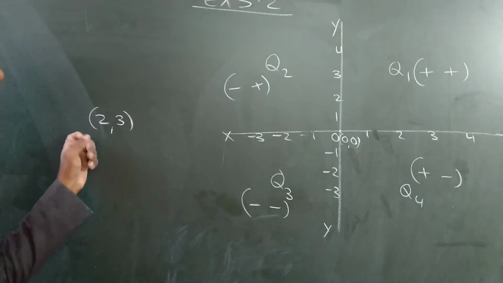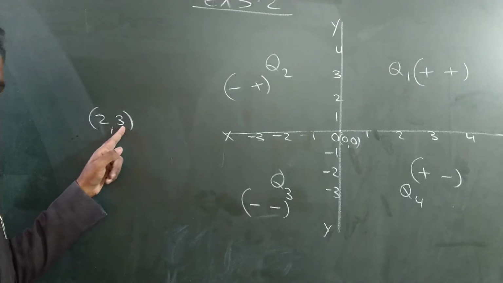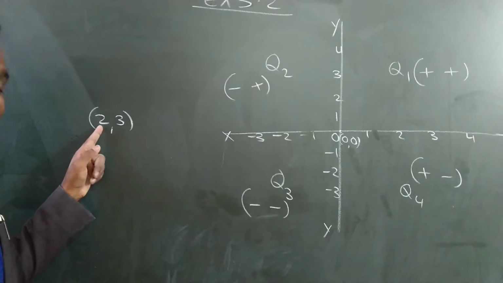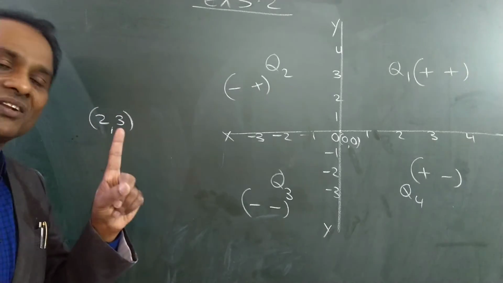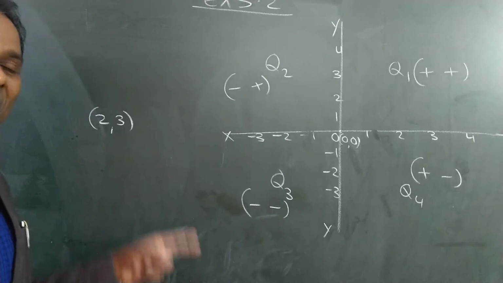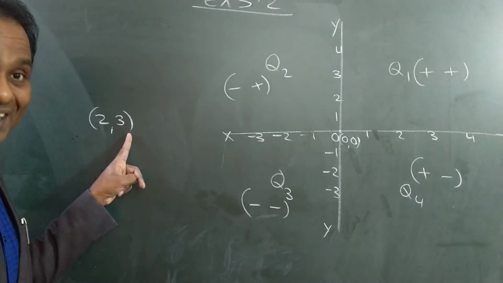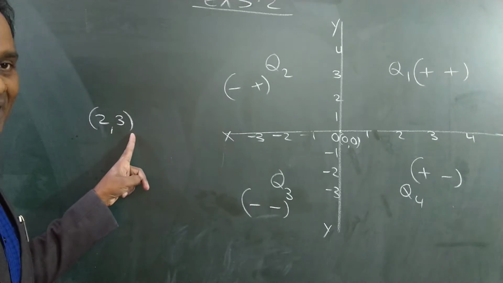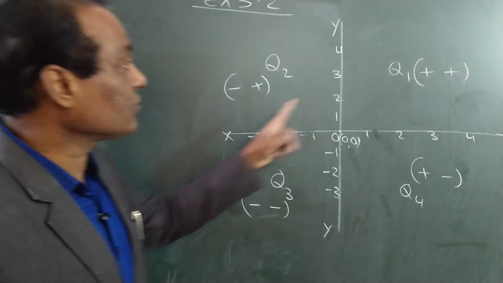This point lies in which quadrant? 2 is the x value, 3 is the y value. It is also called abscissa and ordinate. We can call it x coordinate, y coordinate, or first coordinate, second coordinate. We also call it abscissa and ordinate. So both are positive, which means it lies in which quadrant?